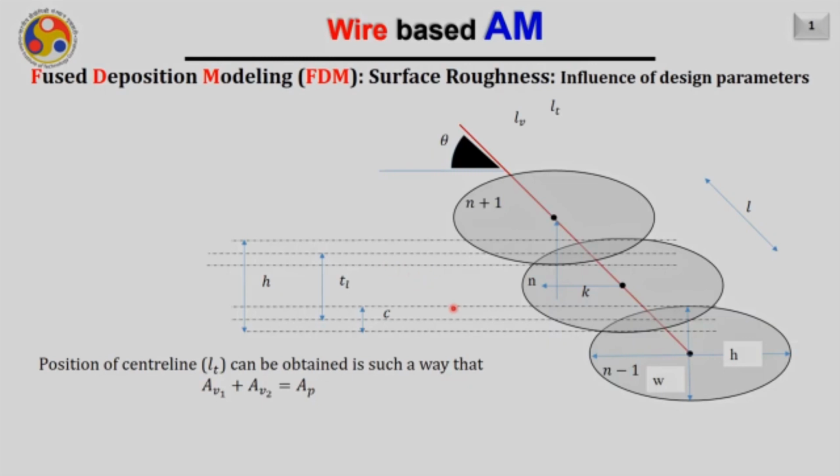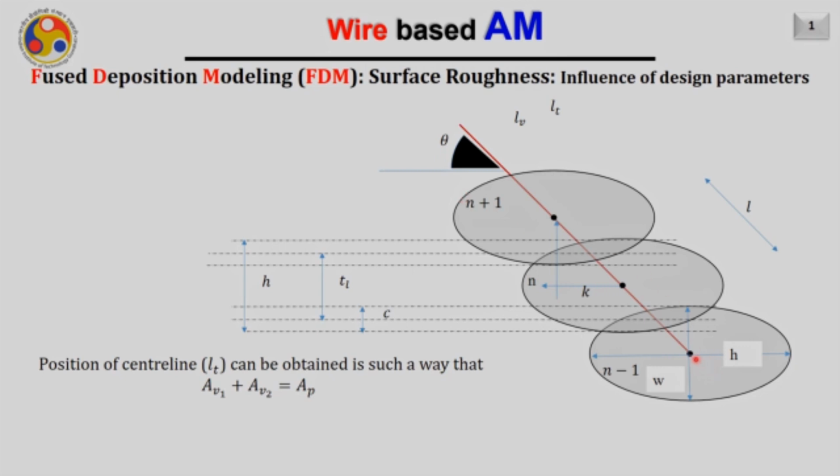So, once we have the equation of the curve representing the cross section of the bead deposited at the n minus 1th layer, at nth layer, and at n plus 1th layer, we can easily proceed further to find out the RA value.